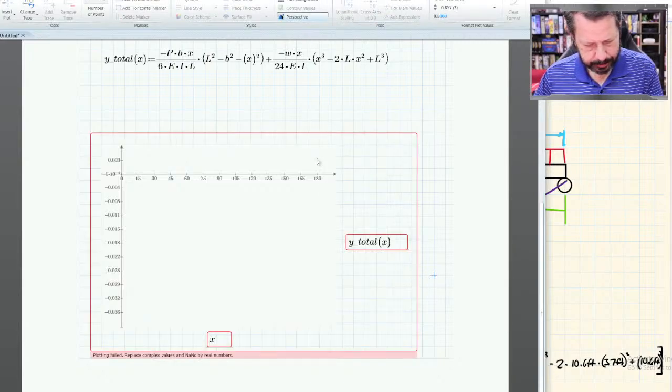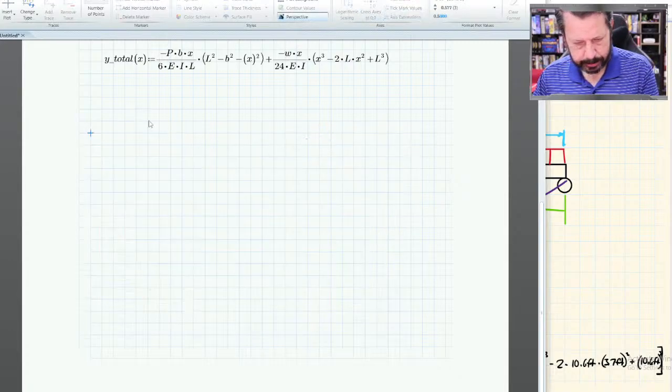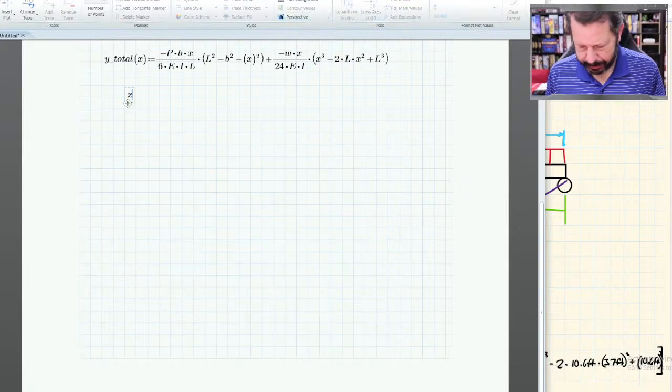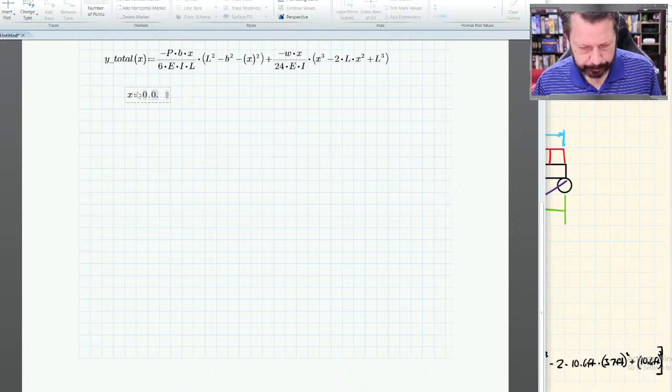Why is it thinking that? Let's give it a specific range for x. X is going to be 0 inches to 0 point.